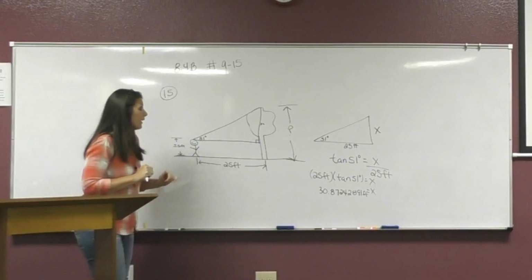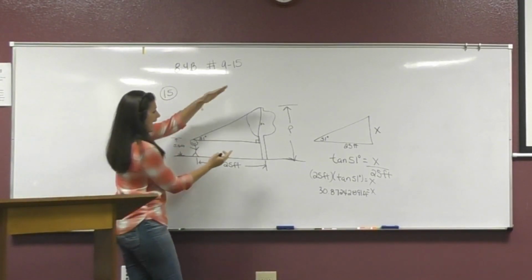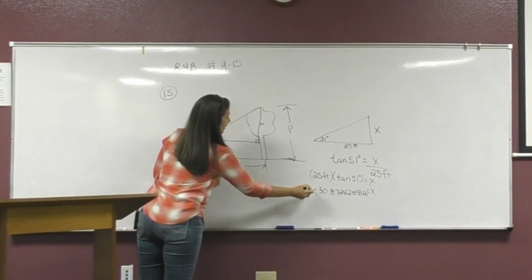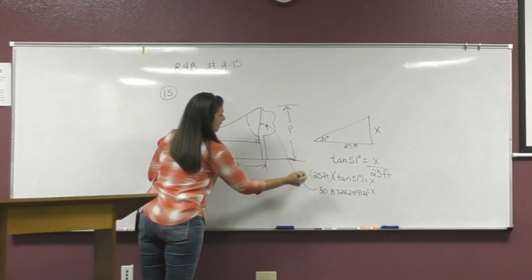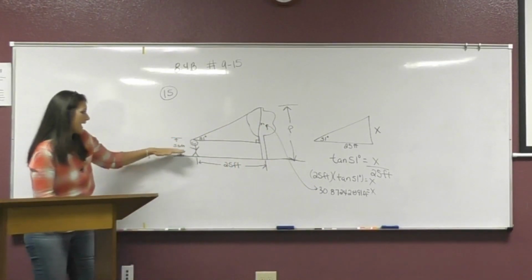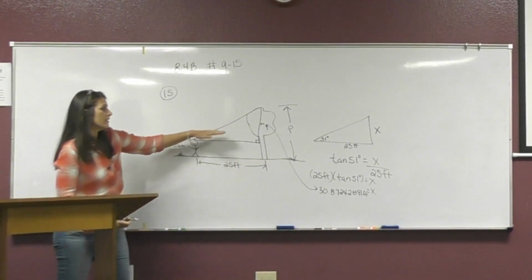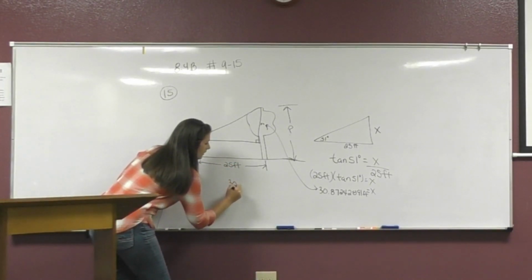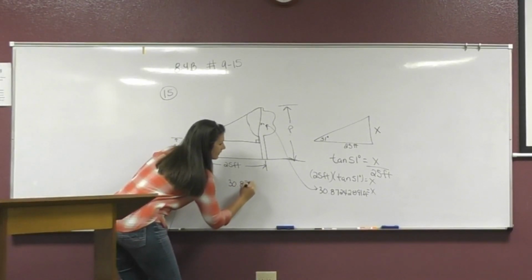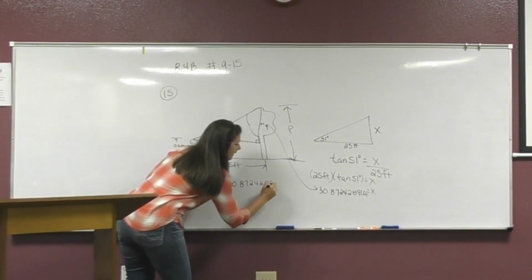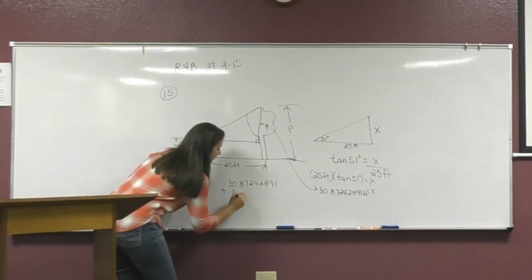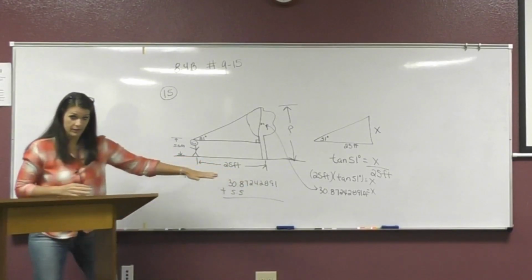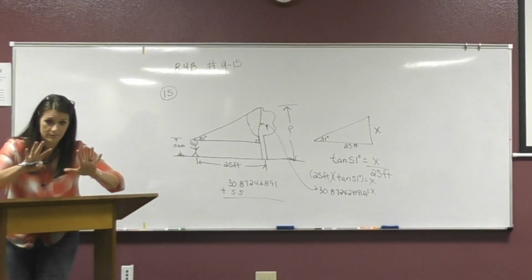So I need to add this length, okay, which is this number right here, okay? But I need to add this 5.5 feet to find the length of the whole tree. So I'm going to go 30.87242891 plus 5.5. Now, this number should already be in your calculator. Don't retype it, okay?